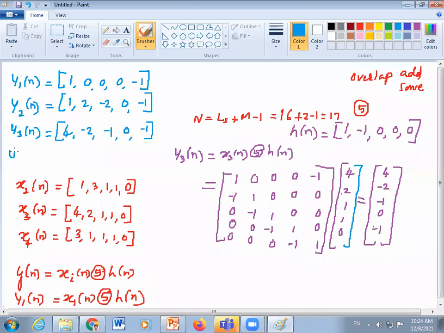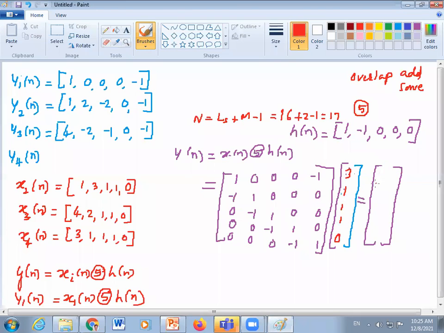Okay. Lastly we will calculate y4 of n. The input sequence for y4 of n is 3, 1, 1, 1, 0.